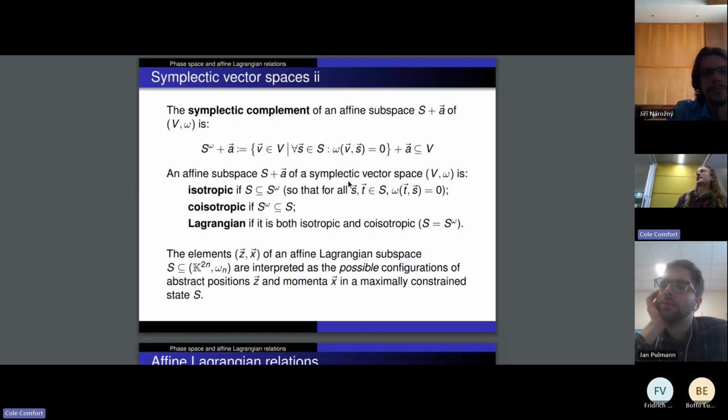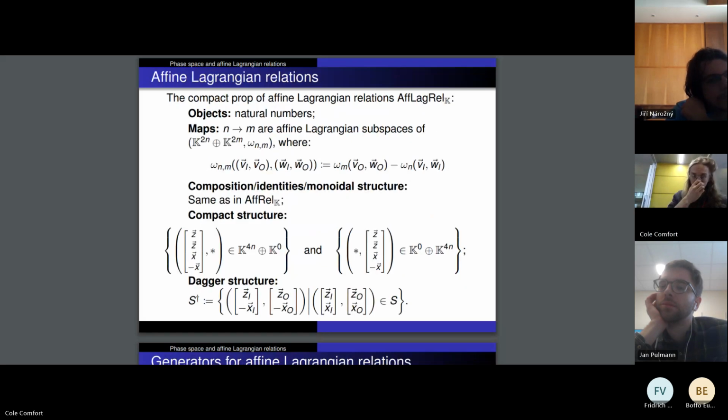So instead of having definite knowledge of the positions and momentums, you have an ensemble of states which the particles can possibly be in, and that state space is described by a Lagrangian subspace in classical mechanics.